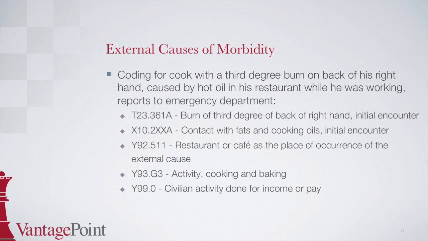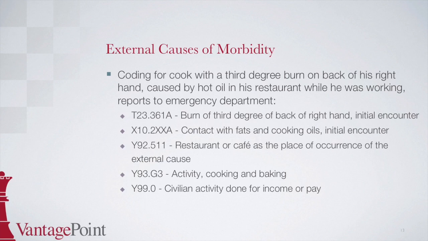The next code needed is for the place of occurrence, and to find this you would go to the phrase place of occurrence in the index of external causes. From there, find the word restaurant, which points to Y92.511, which you would then confirm in the tabular. The next code is for the activity, and you would locate activity in the index of external causes.